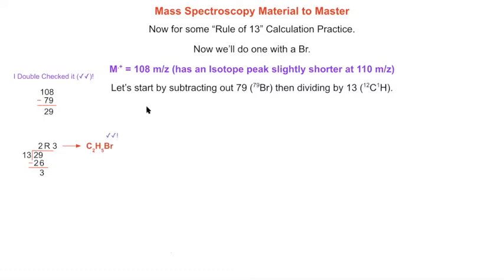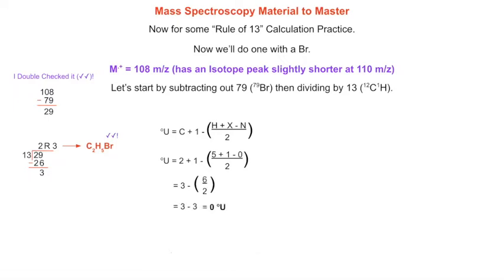So when I do this one, I get a 2 remainder of 3, which means 2 carbons, 2 hydrogens plus 3 more. And then I add on my bromine because I subtracted it there, right? And I double check this formula. Does it weigh 108? Let's see, 24 and 5 is 29 plus 79, yeah, 108. Looks good. And this is an even number. It's not odd. I don't expect nitrogens in it. So I do my degrees of unsaturation and I get zero degrees of unsaturation.